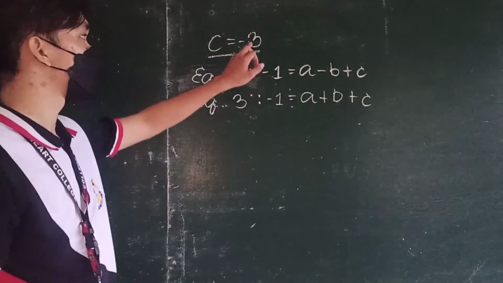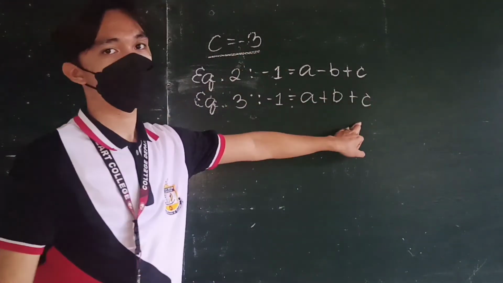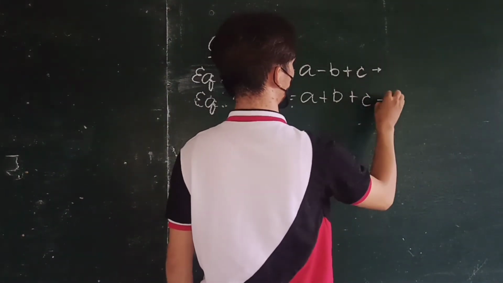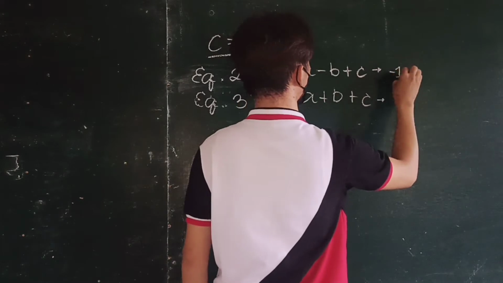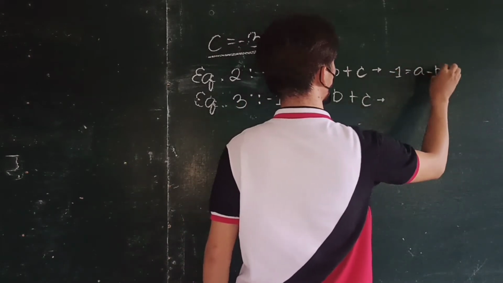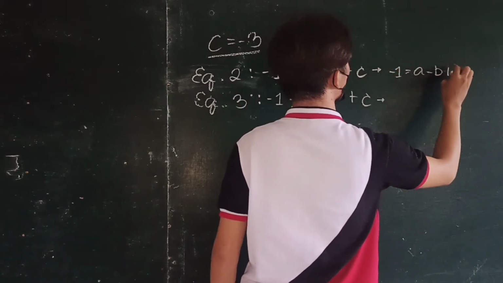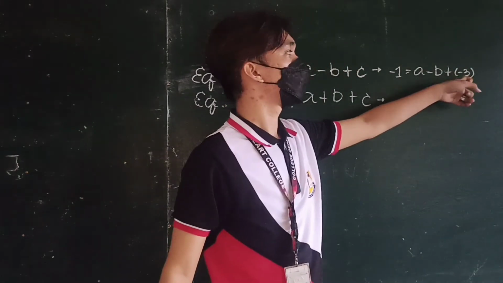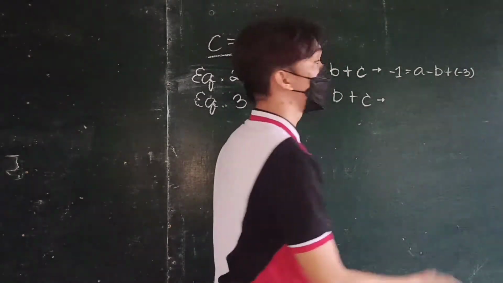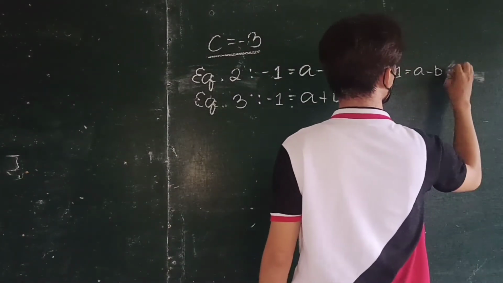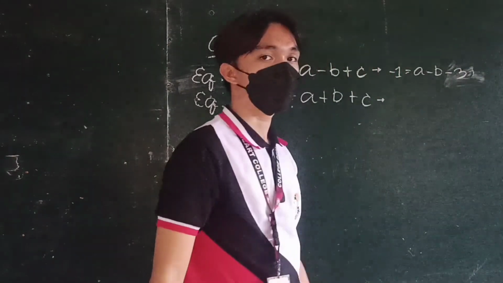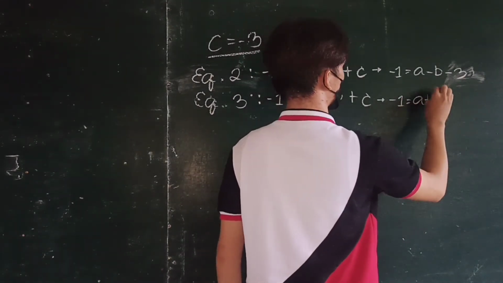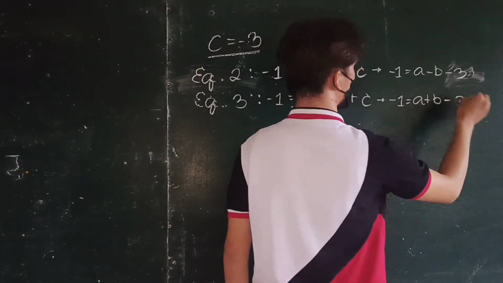Then we substitute c, which is negative 3. So equation 2 will become negative 1 equals a minus b plus negative 3. Positive times negative is negative, so it's minus 3. For equation 3, it will become negative 1 equals a plus b minus 3.